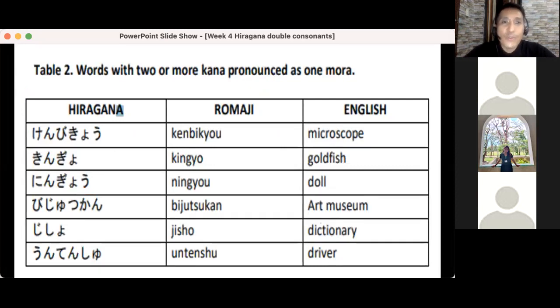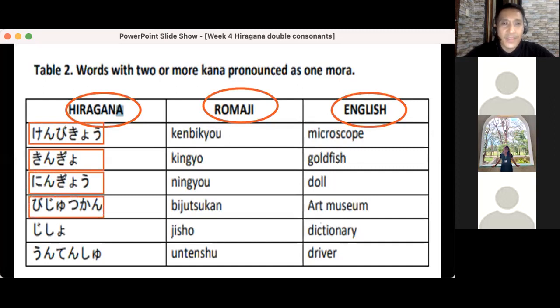Okay? So ganun din yun sa ito, no? Sa words with two or more kana pronounced as one mora. Okay? So may two or more kana pero pronounced as one mora. Halimbawa, ito yung hiragana, Romaji at saka yung English. Umpisa natin sa kenbikyo. Kenbikyo. Kingyo.